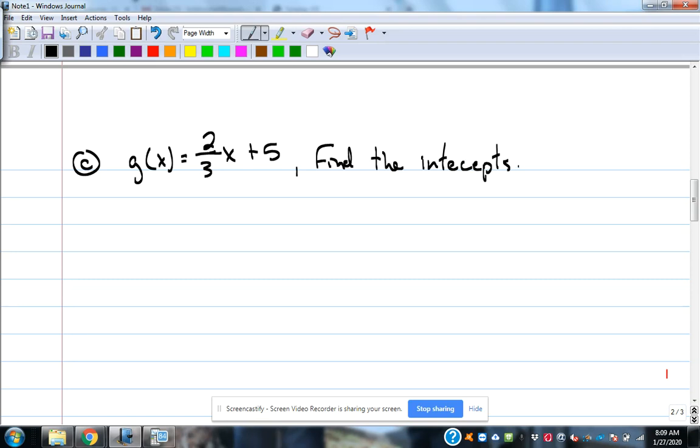What does that mean? Where it crosses the x and the y axis, so both of those. That's all we're finding there. So if we're going to find the x-intercepts, that's the harder one. We'll do that first. How do we do that?